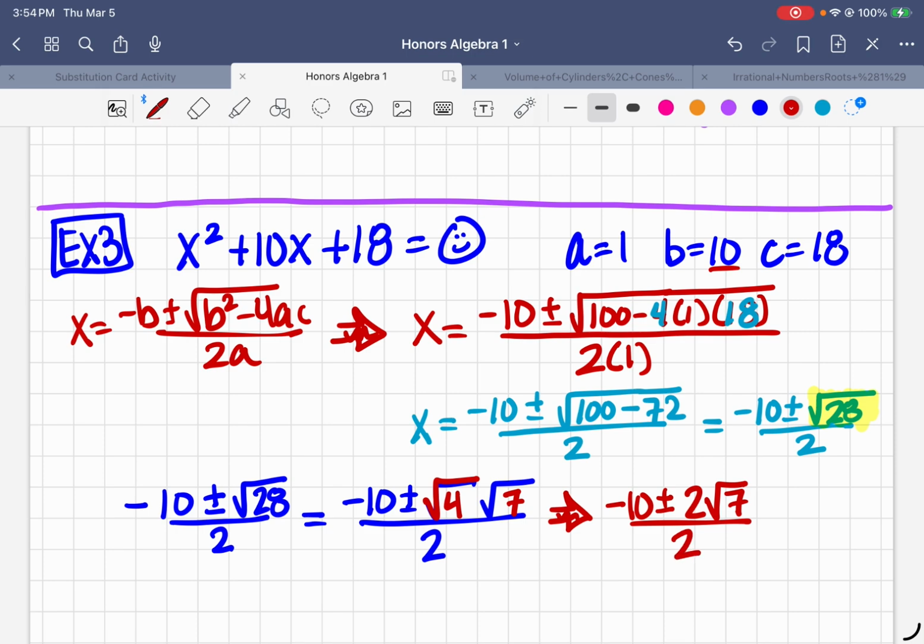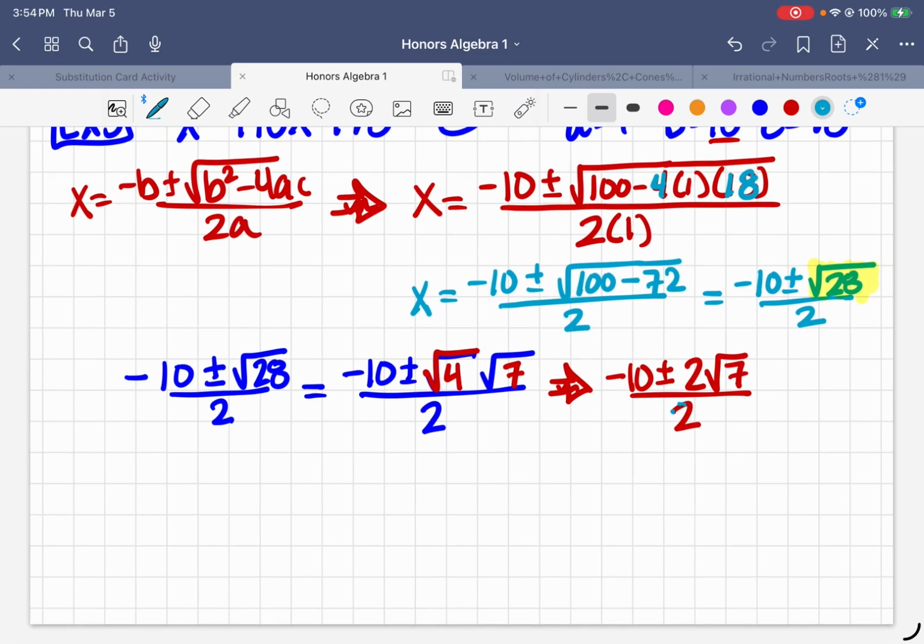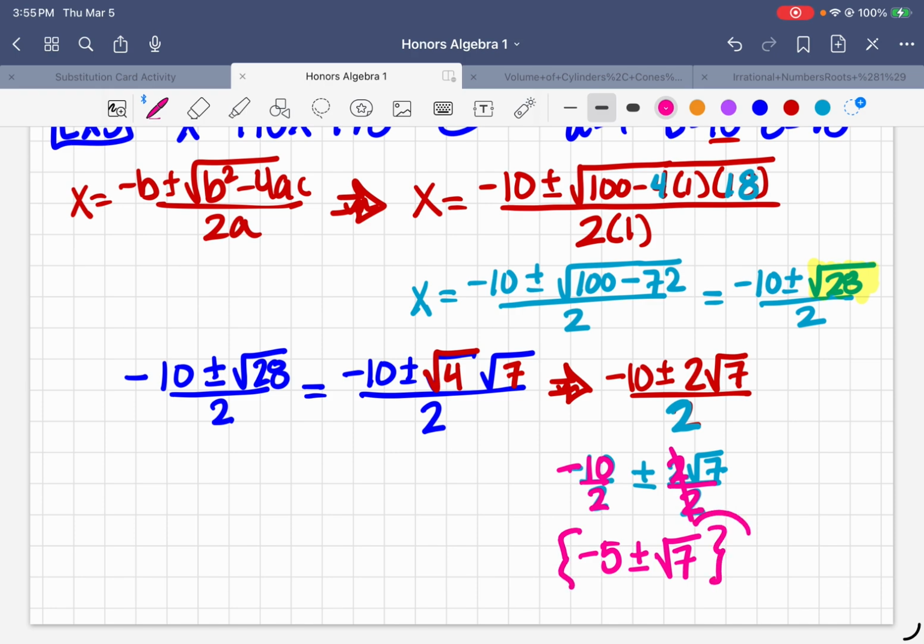Now I look at this and I can still simplify some more. I can break up the big fraction into smaller fractions with the common denominator. So this ends up being negative 10 over 2 plus or minus 2 root 7 over 2. Negative 10 over 2 is negative 5, plus or minus, the 2 divided by the 2 cancel out, and I just have the square root of 7. That is my final answer.